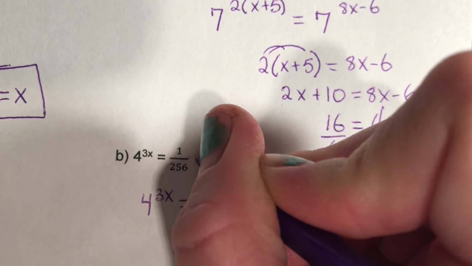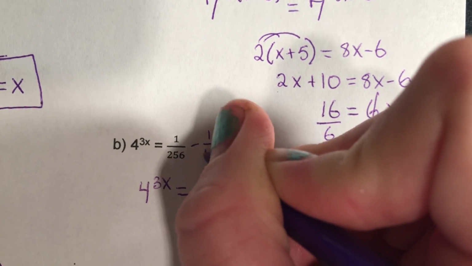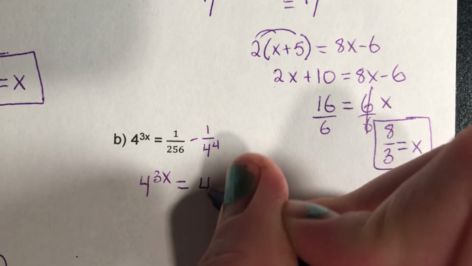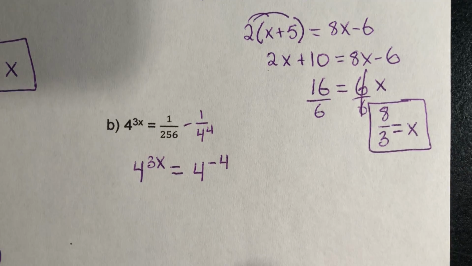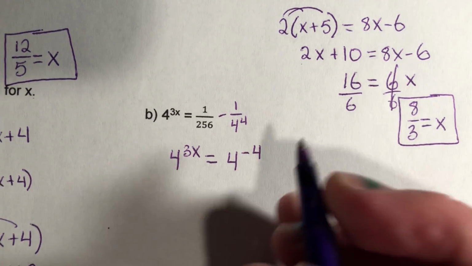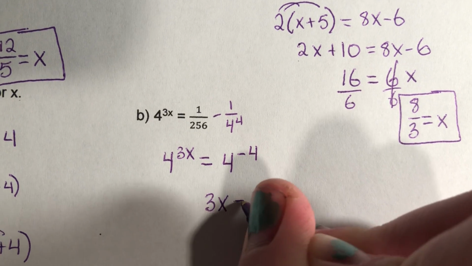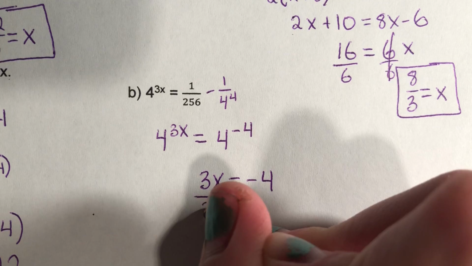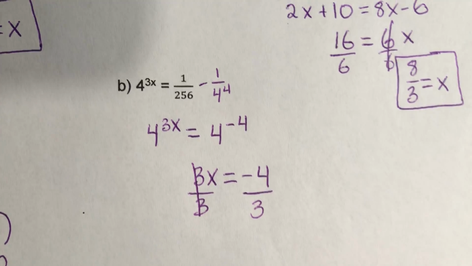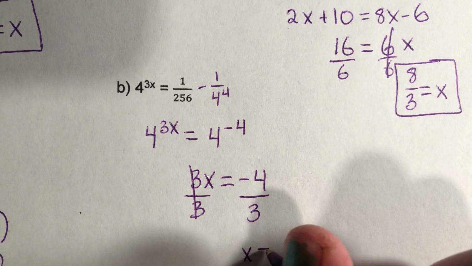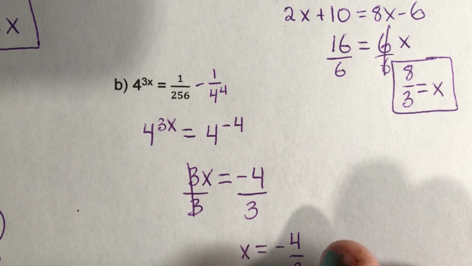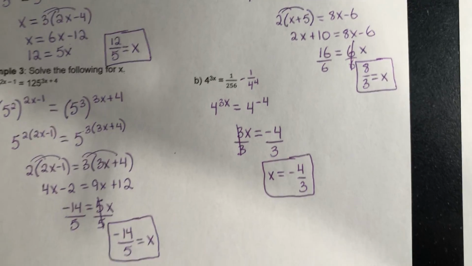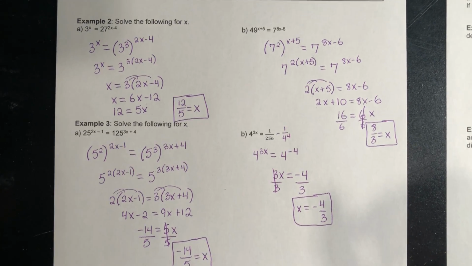So this is 1 over 4 to the 4th, which is really 4 to the negative 4th power. Now that we have the same base, this one's pretty straightforward. We can set the exponents equal to each other, divide both sides by 3, and x is equal to negative 4/3. So my fraction lovers out there, those are problems for you.